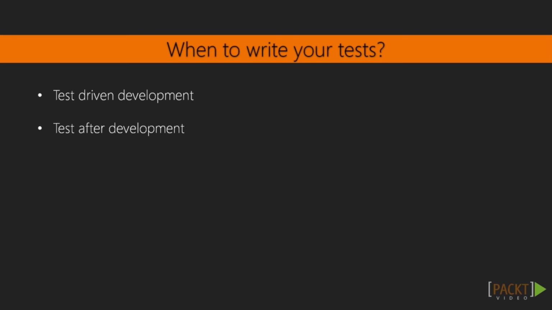First, you write an automated test case that defines a desired improvement or new function, which will obviously fail since you didn't code the functionality yet. Then, you proceed to implement the expected behavior to make the test pass. The second approach is usually referred to as test after development, or TAD, which is basically the opposite approach. Write your code first and then your tests.